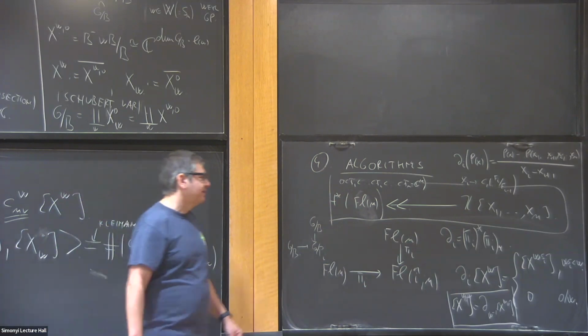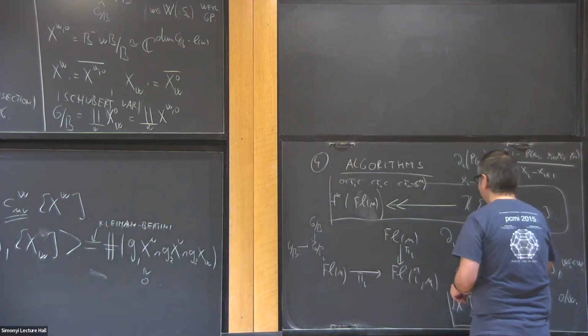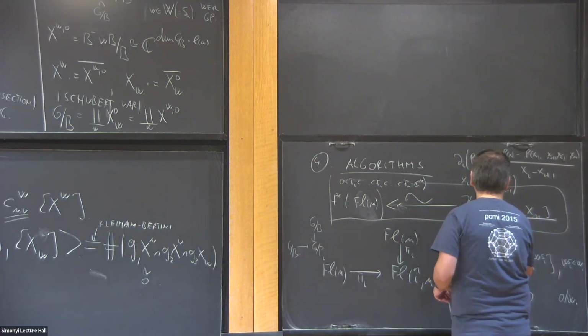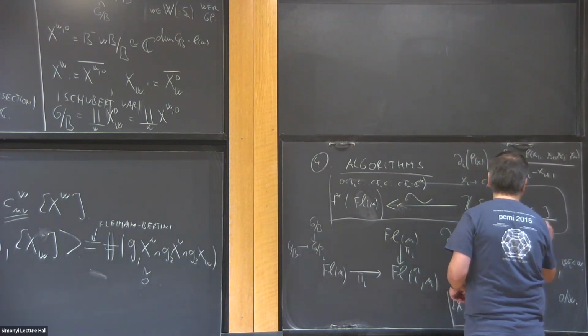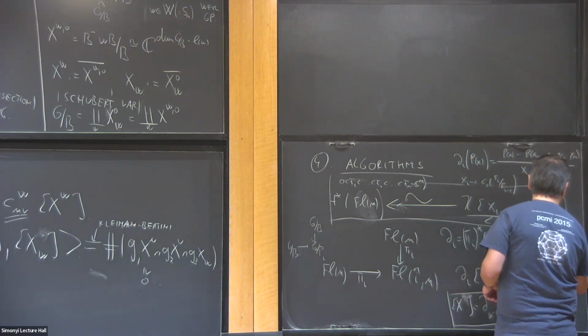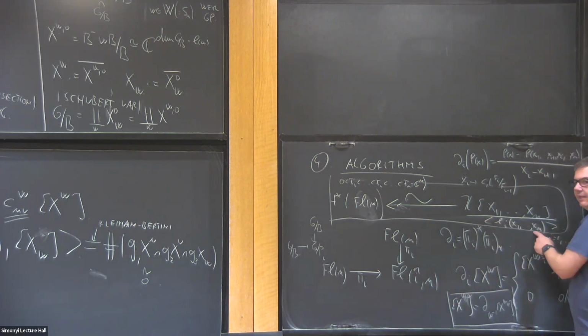So maybe I'll say it this way, where i goes from 1 to n. The kernel is given by the elementary symmetric functions in the variables. How do you see this?